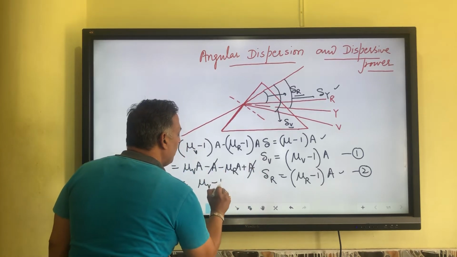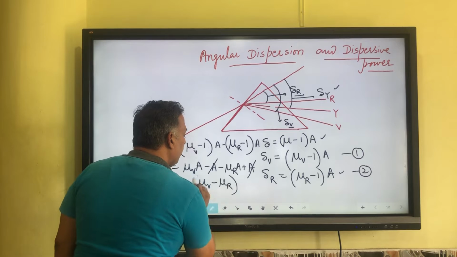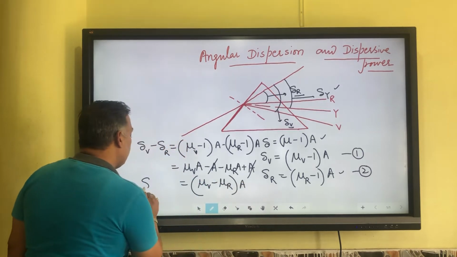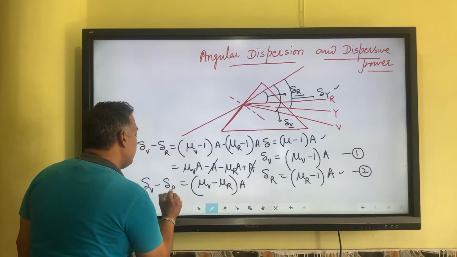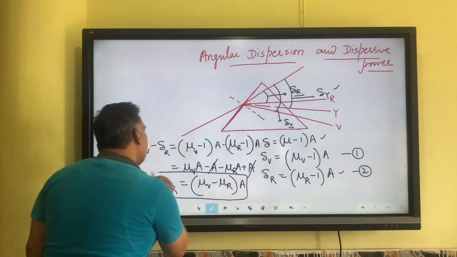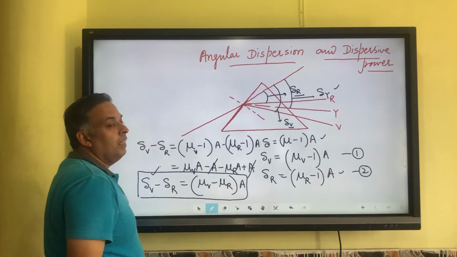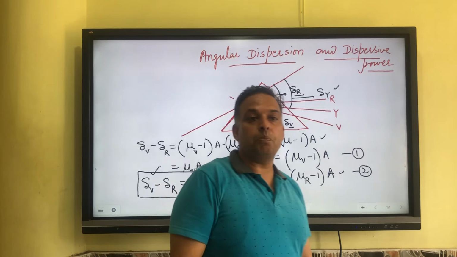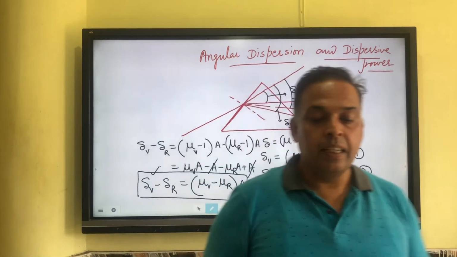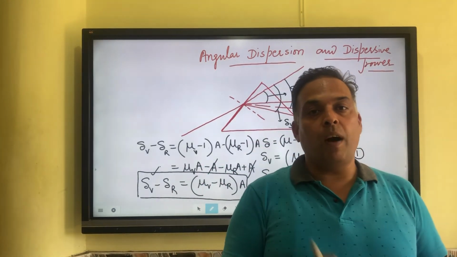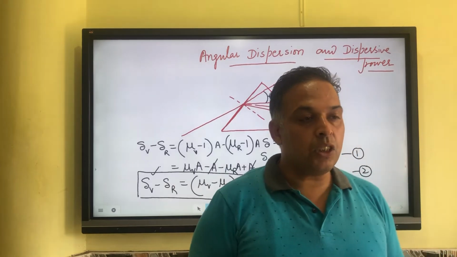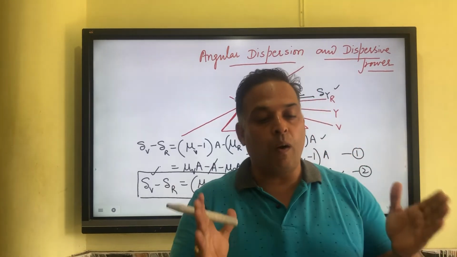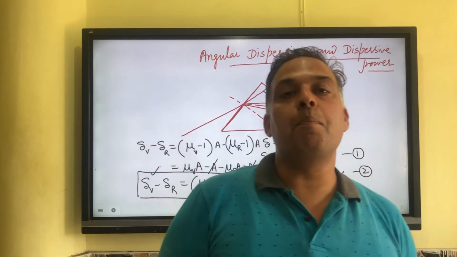So (mu V minus mu R) into A is equal to delta V minus delta R. This is called angular dispersion, the difference for the violet and red components.